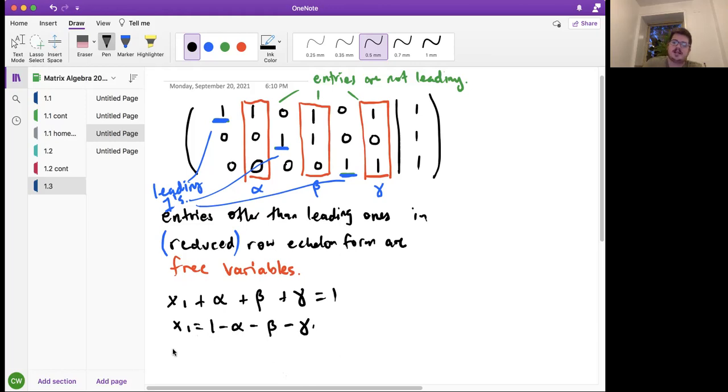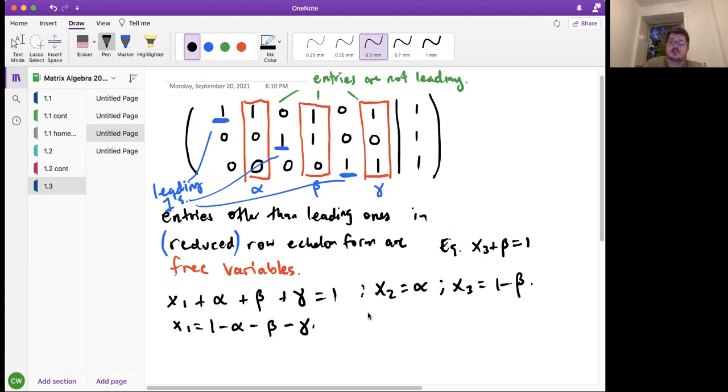Based on that, can someone say what x2 would be? Or not x2. Well, x2 is the free one, right? And then what's x3? The second equation just says x3 plus beta is equal to 1, right? So x3 would be 1 minus beta.